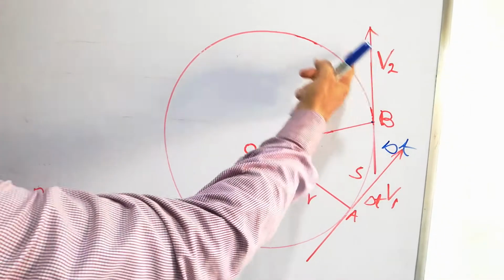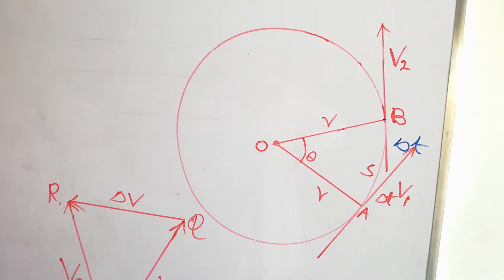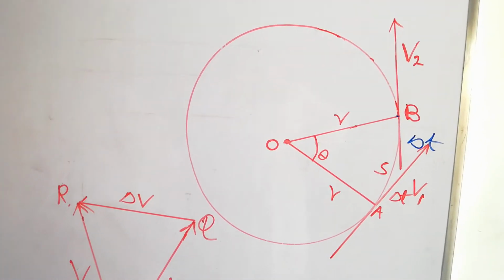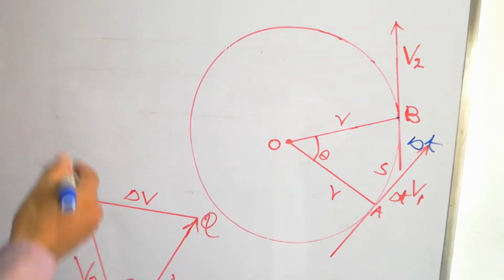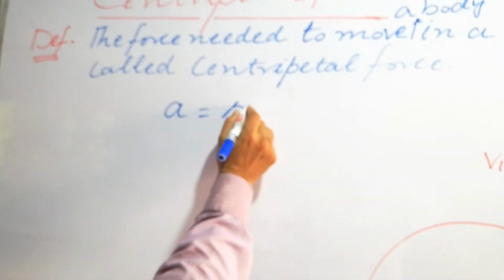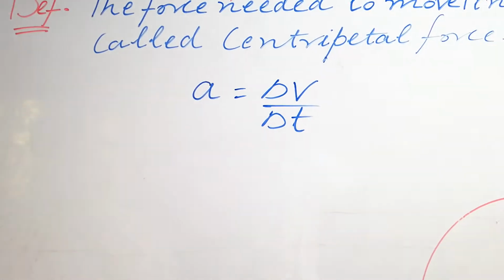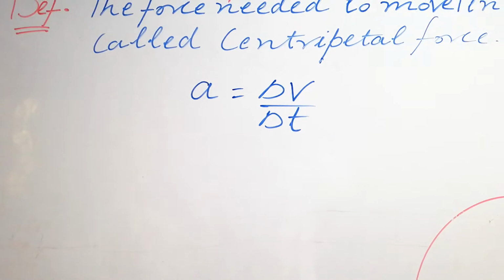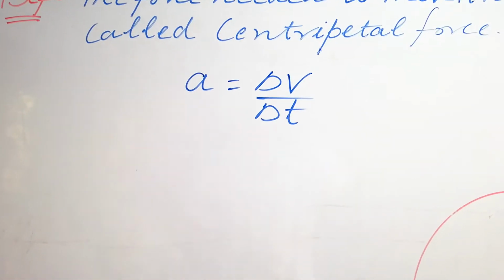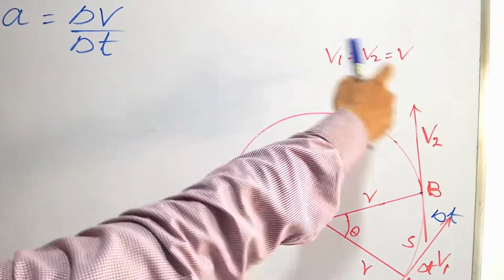As the velocity is changing at different points, there will be an acceleration, and acceleration is equal to delta v over delta t. So that is the acceleration in this case.